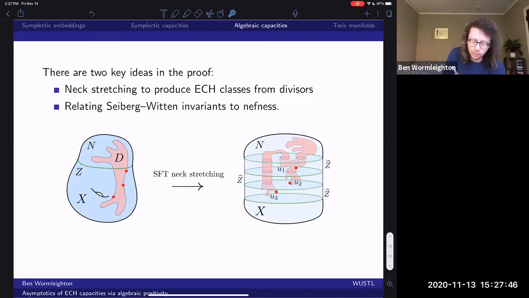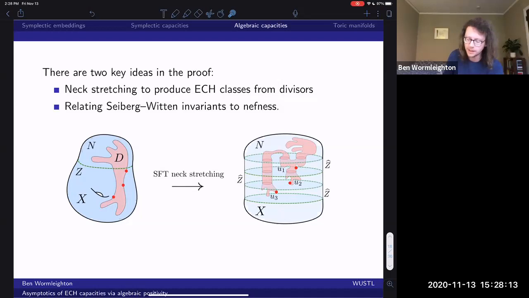The way to go from divisors to the classes that are measured in the ECH capacities is via neck stretching. So given a divisor D with sufficiently big moduli, denoted by these red points. In this case, these red points are denoting generic point constraints. And so my D should have at least three-dimensional moduli.